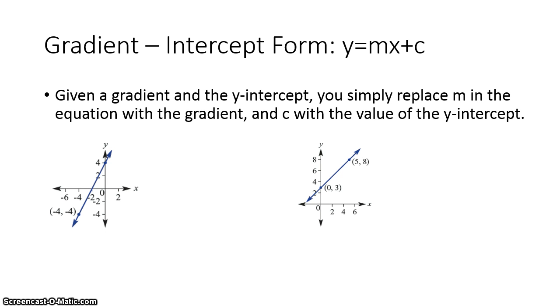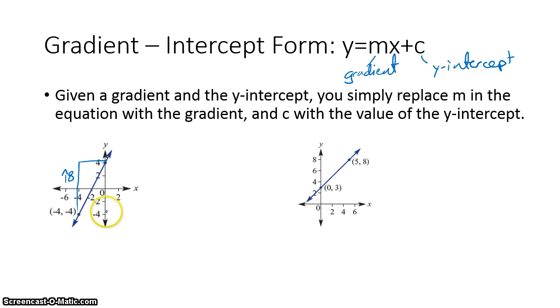What about the gradient intercept form of a line? If I'm given the gradient and the y-intercept, just replace them in the equation y equals mx plus c. Remember, m, that's the gradient or the slope, and c, that's the y-intercept. There we go. So here, let's find the gradient first of all. I'm down at -4 and I go up to 4. That looks like it's going up 8 units.